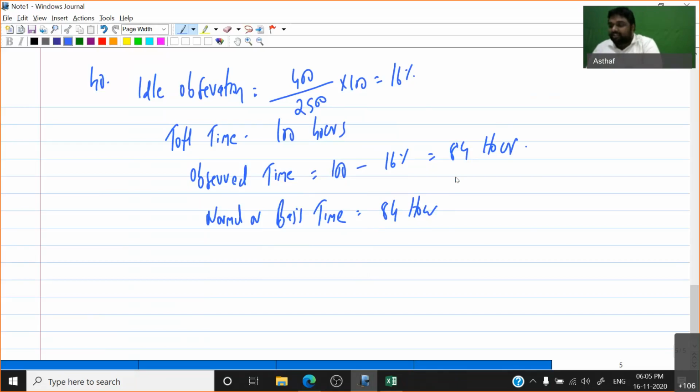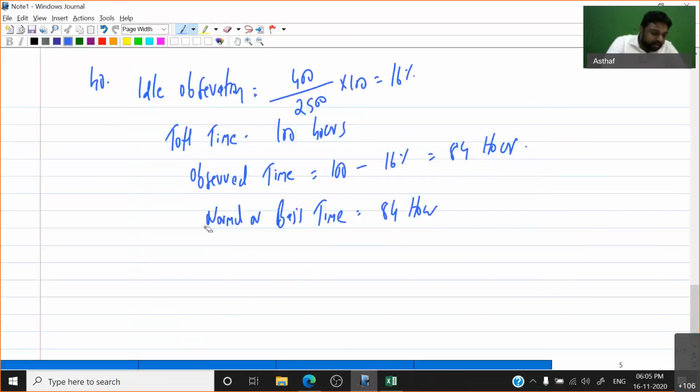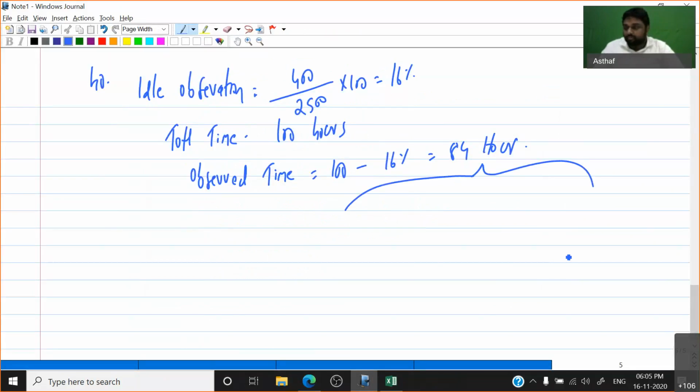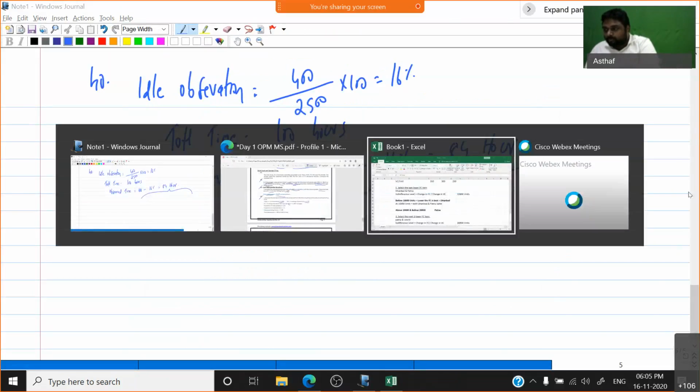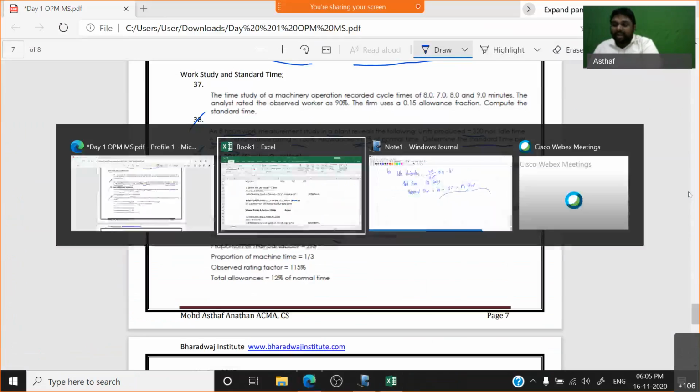Before that, in this question, there is a small concept: manual or machine time. This observed time will be split into two parts. How will this be split? 2/3 will be the labor.